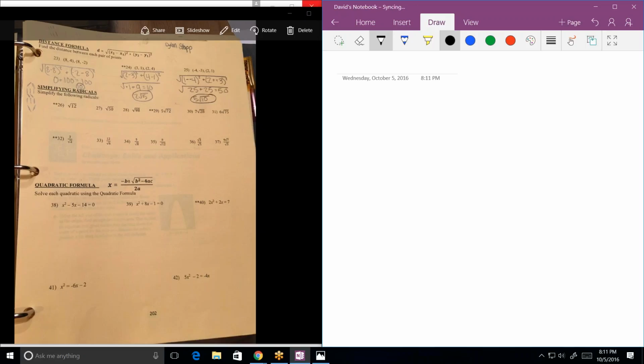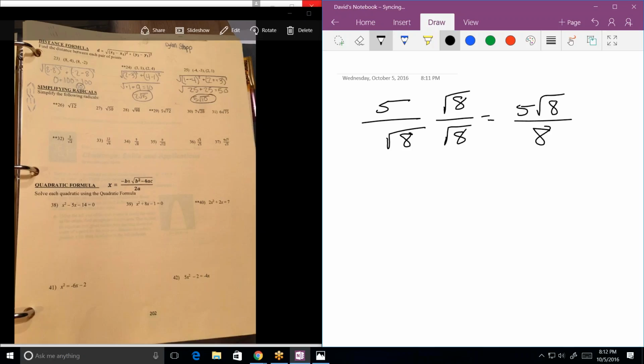Okay. So the next one is 5 over root 8. Alright, so we can multiply it by root 8 over root 8. And then you get 5 root 8 over 8. And that is simplified. Can't do any more with that.